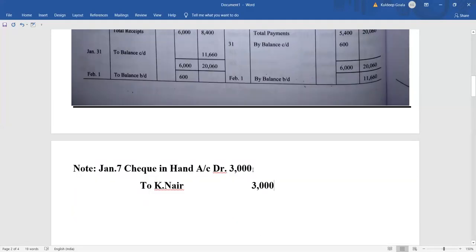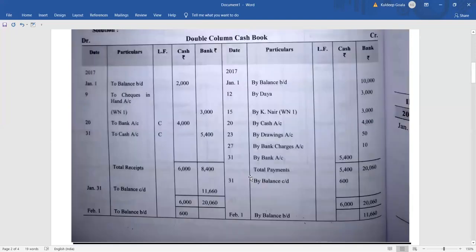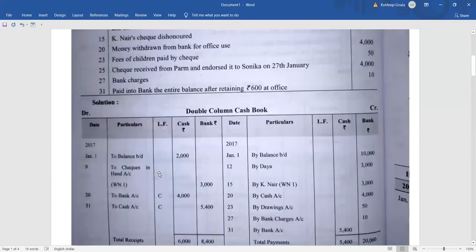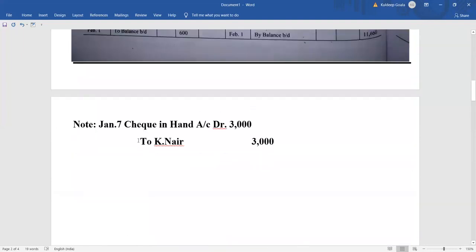Now remember one another thing also, here we can see that there is a discount, so the discount also should be placed in the journal. So check received from K Nair was 3,000, so this entry is correct for that. Check in hand account debit to K Nair, but along with that there is a discount of 100 rupees. So what will be the addition of this? It will be nothing but discount allowed. We are allowing discount, so obviously it will come in the debit side as discount allowed account debit, right?